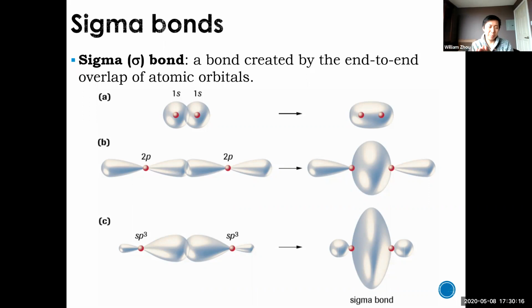Still a sigma bond because you came head on. For carbon, you can have 2 sp3 hybrid orbitals overlapping. Again, sigma bond, because in end-to-end overlap the overlap part gets bigger and the non-overlap lobes become smaller.